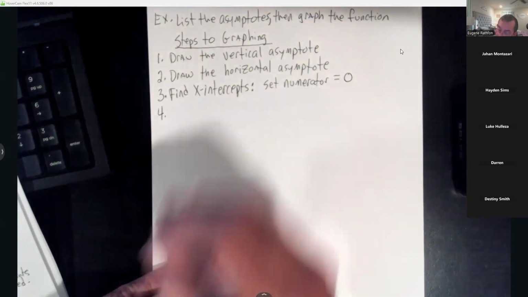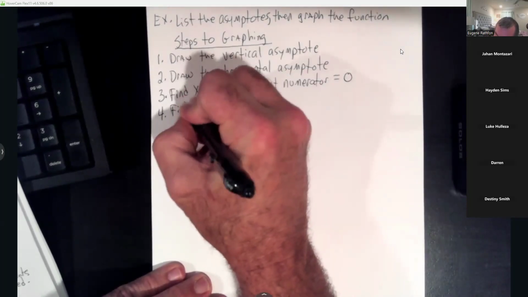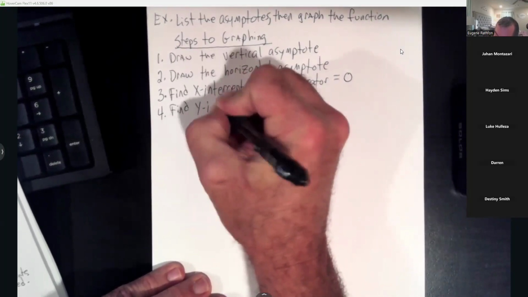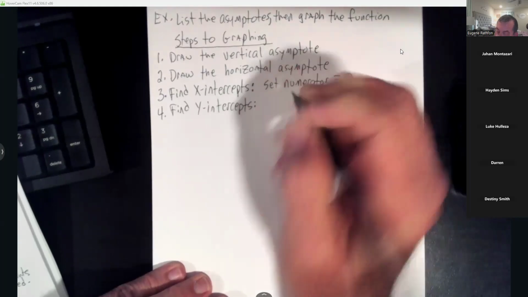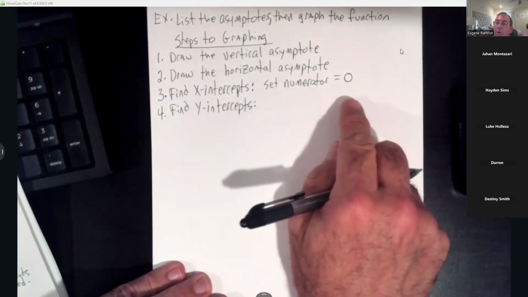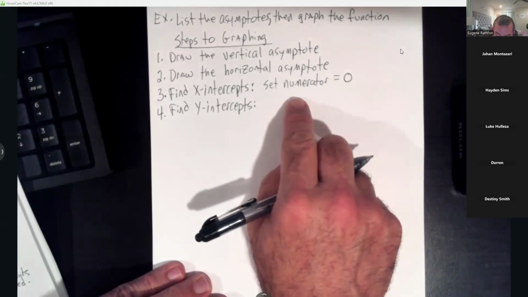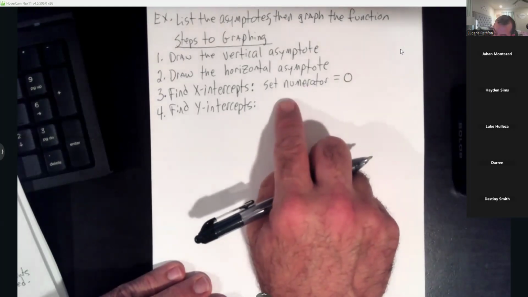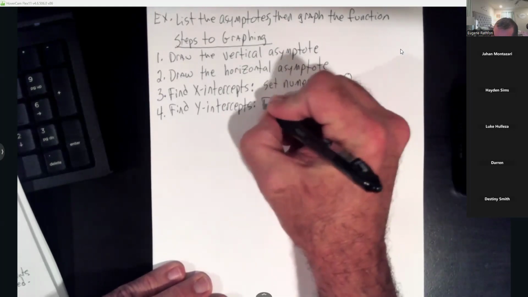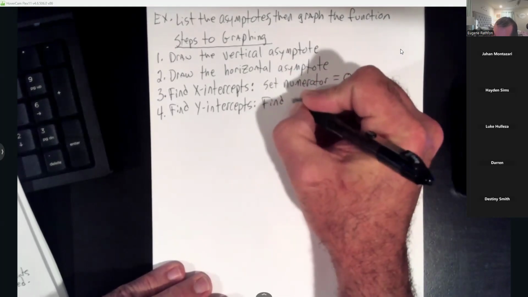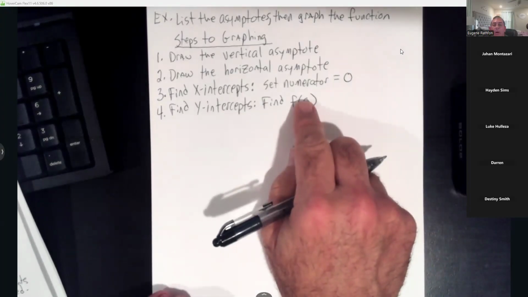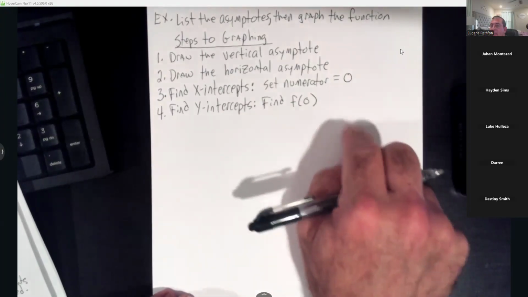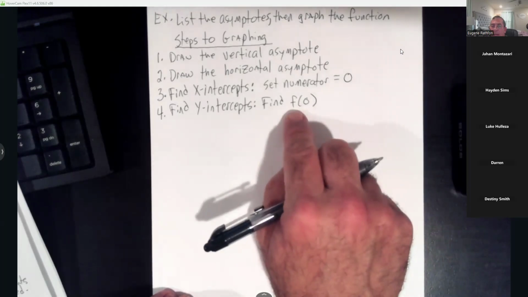All right, y'all, next I'll find the y-intercept. And the y-intercept is where it crosses over the y-axis. And to find that, I'm going to find f of 0. So I'll put zeros in for the x's in my function and see what I get.